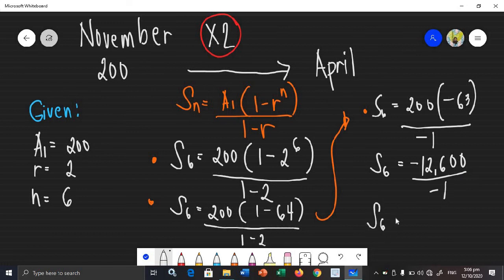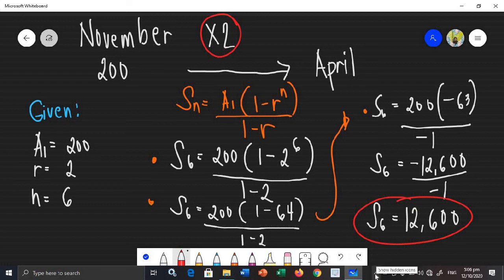Pwede natin i-simplify. Therefore, the answer is 12,600. So, mula November hanggang April, yung total savings ni Rowena ay aabot ng 12,600 pesos, if every month ay nadodouble yung savings niya. So that's how you find the sum of finite geometric sequences.